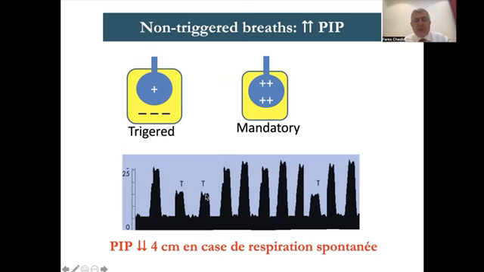But a triggered breath, because it doesn't need as much pressure, the program is made so that it will wait 5 breaths, and the 6th breath will be the triggered one. So in summary, triggered breaths need a PIP of 2 to 4 less.